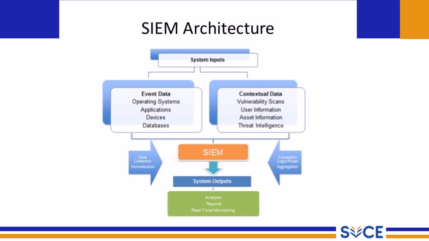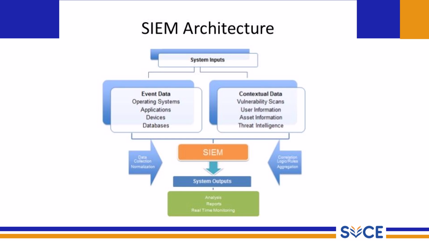Next, let us look at the key components of SIEM. A robust SIEM solution is built on several key components that work together to provide comprehensive security monitoring. First, log management. The SIEM system collects and analyzes logs from across the entire organization, including servers, network devices, firewalls, other security solutions, and cloud applications.